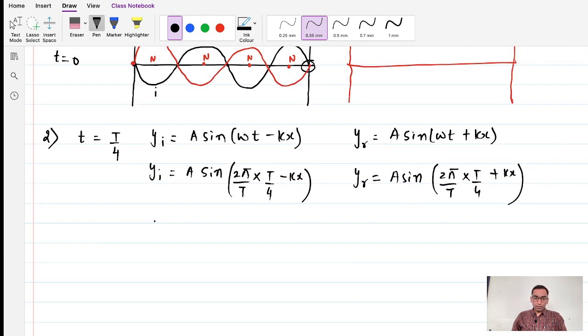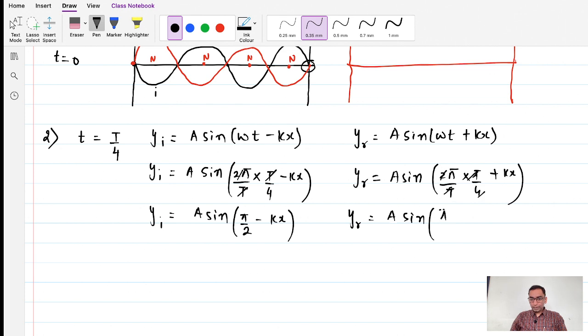Okay. So, now this is yi, that is A sine, t gets cancelled, 2 gets cancelled. So, it is pi by 2 minus kx, and this is yr, that is A sine, t gets cancelled, 2 gets cancelled. So, pi by 2 plus kx.